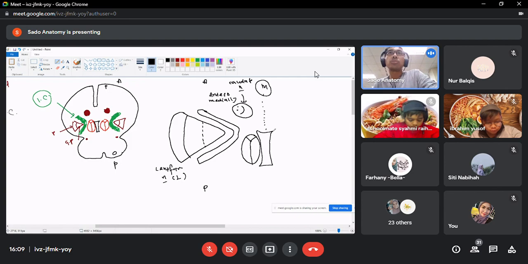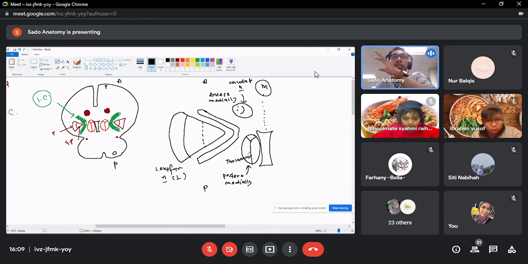Whereas posteromedially you can see this mass of gray matter, which is your thalamus. So these are the exact positions of the internal capsule.